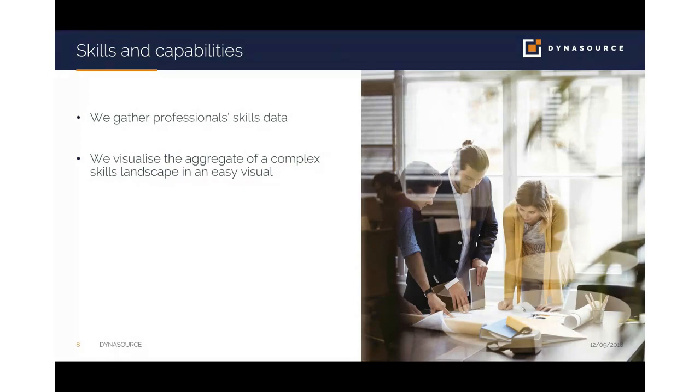But with this visual, we try to give everyone who looks at a service provider a very easy to understand view of what a company can do or what their main focus is. Of course, if you want, you can drill down in this visual to see the more complex skills and capabilities that they have, but that's all up to you. It might be very handy, however, when you are searching for a specific service provider.